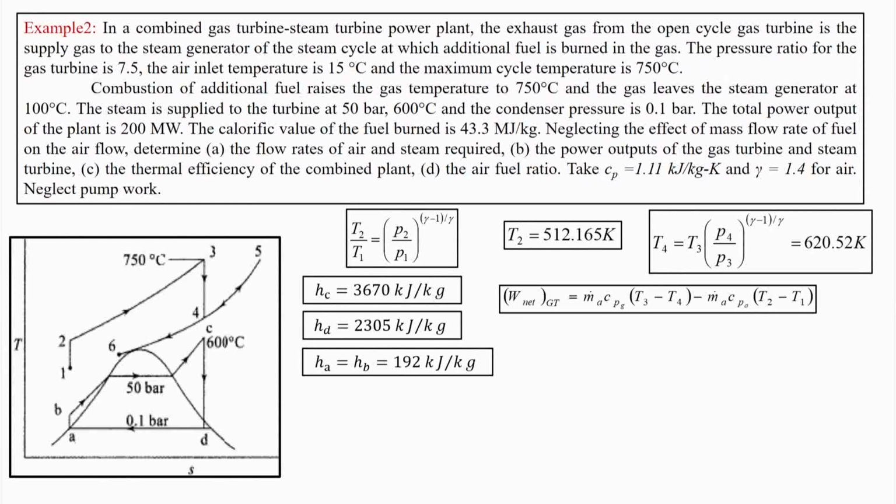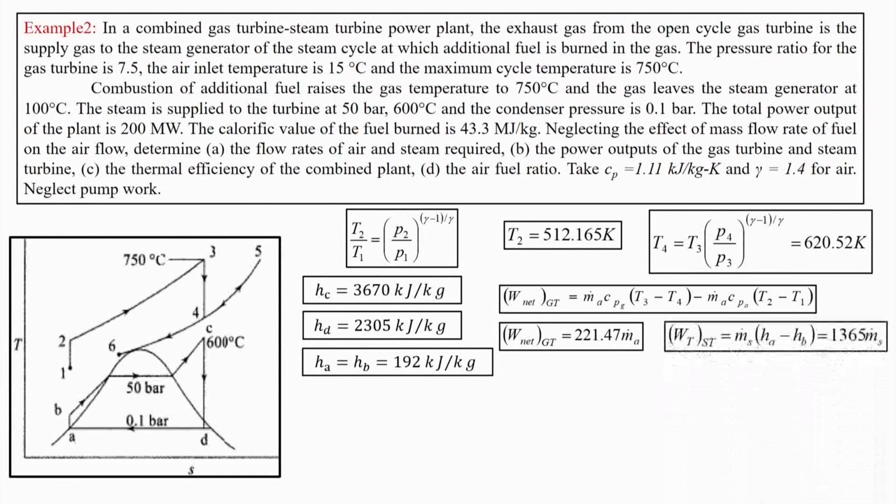So, we actually know these quantities, and from that the gas turbine work is equal to 221.47 into m dot A, which is the mass flow rate of air, and that is not known to us. Steam turbine work is equal to mass flow rate of steam into Hc minus Hd.